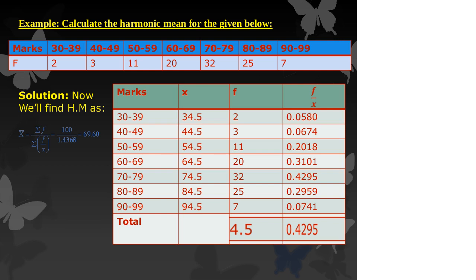Who has got there? 7250 divided by 100. So the answer is 72.5.